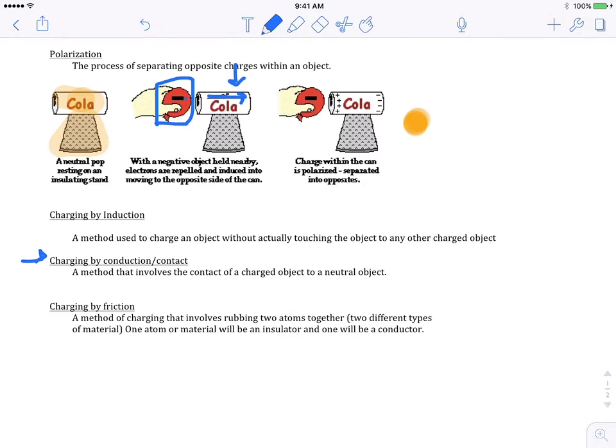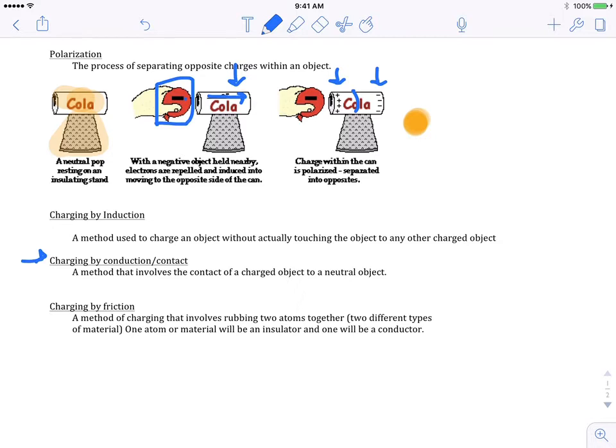So then what happens is that you have all the positive charges in the soda can coming towards that negatively charged balloon, because remember, they're attracted to each other, and they separate from the negatively charged electrons. So they go from one side to the other. We call it poles, one pole to the other pole.